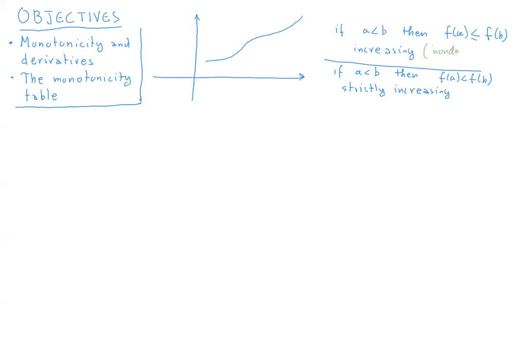And I think this is very good terminology, right to the point. But today we're going to just refer to functions as just increasing, and I guess in most cases we will mean strictly increasing.